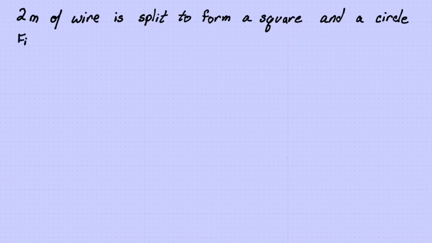Find the way to do this that maximizes the area.